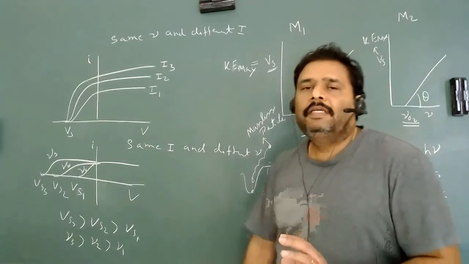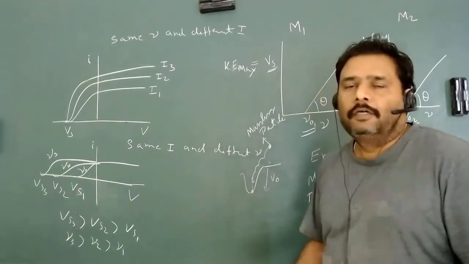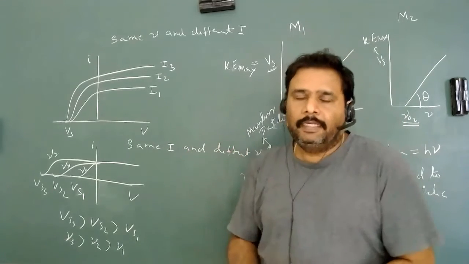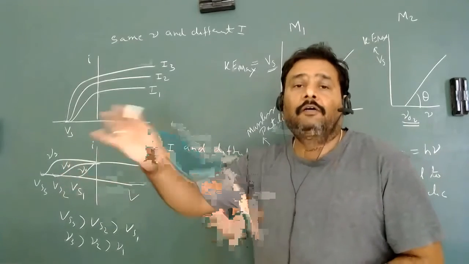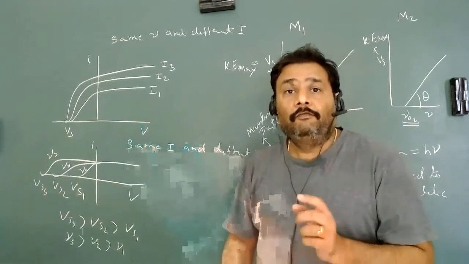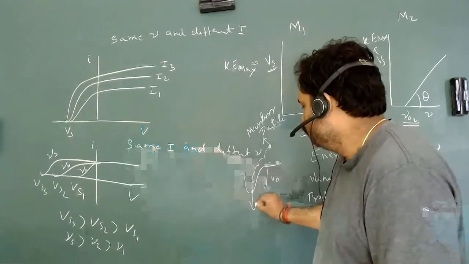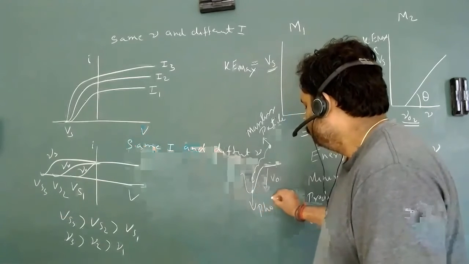These electrons, which absorb the energy from the photon and are emitted, are known as photoelectrons.